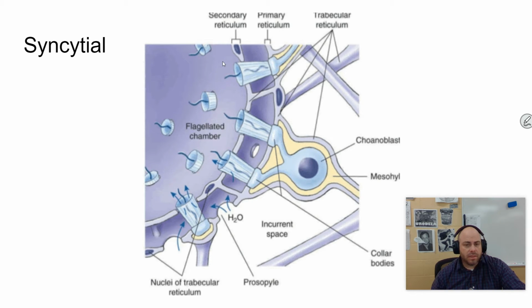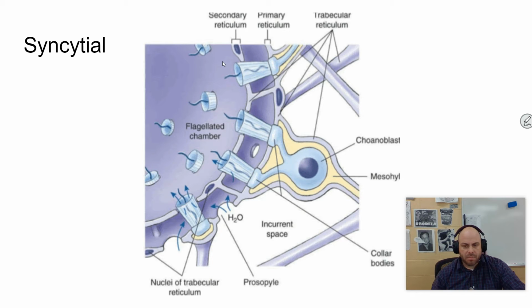Multiple nuclei in that cell, because you had all those cells, so lots of cells blending together to kind of become one giant cell. So multiple cells fuse together to create this syncytial kind of tissue.